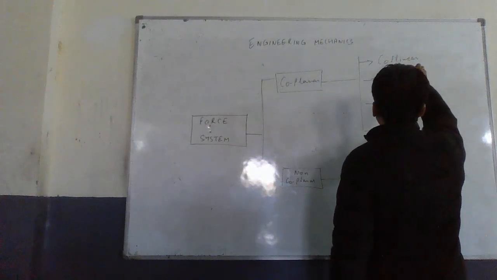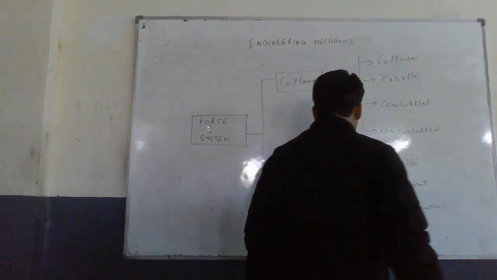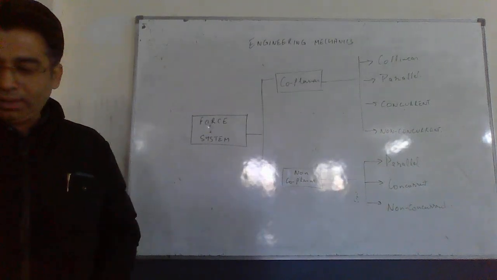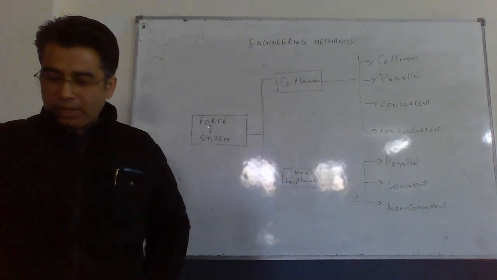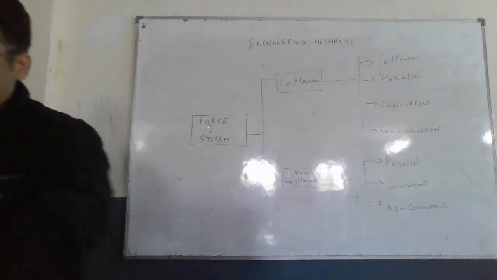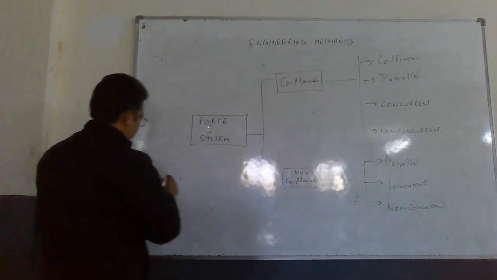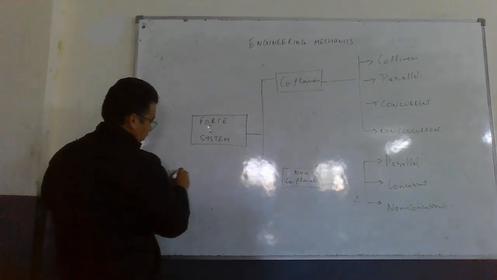So now we will understand this collinear force system. To make it more vibrant, we can add some colors in it. Okay. So to make it, first draw a line. I have drawn an imaginary line.